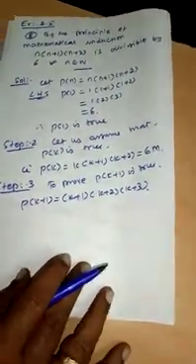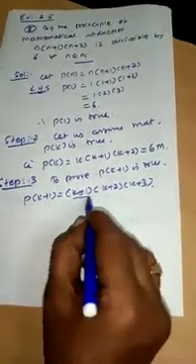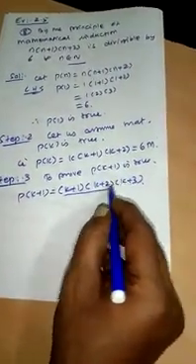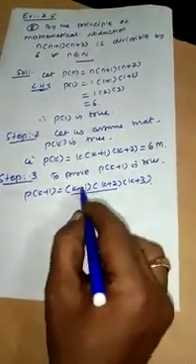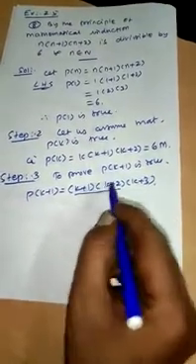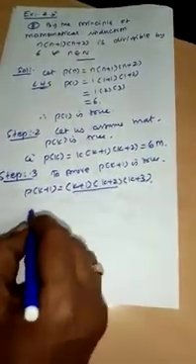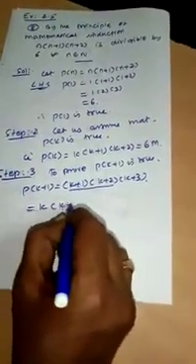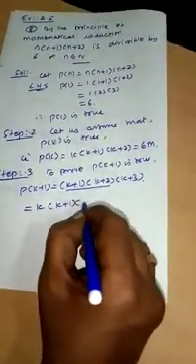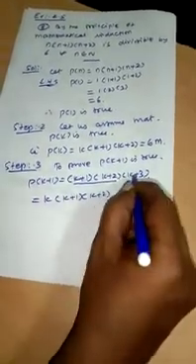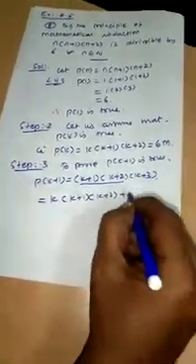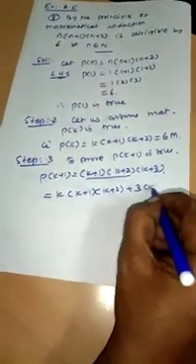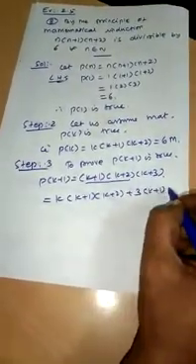Then we are going to take this as k into something plus 3 into something. We are going to put it like that: k into k plus 1 into k plus 2 plus 3 into k plus 1 into k plus 2.